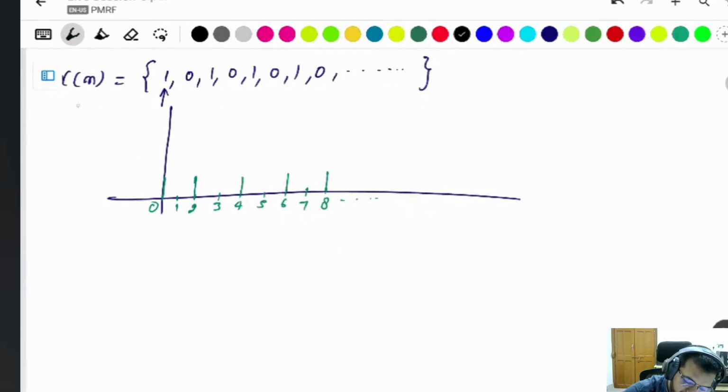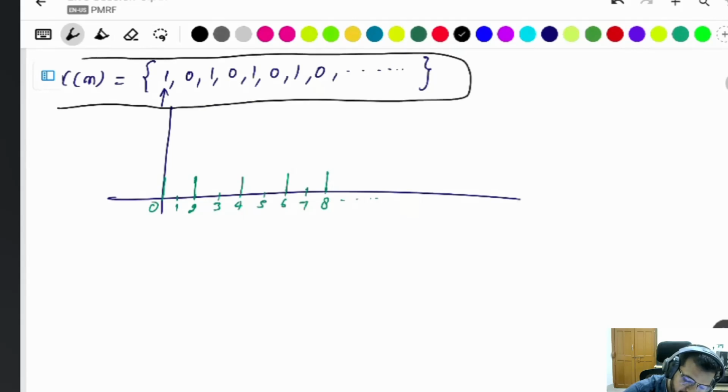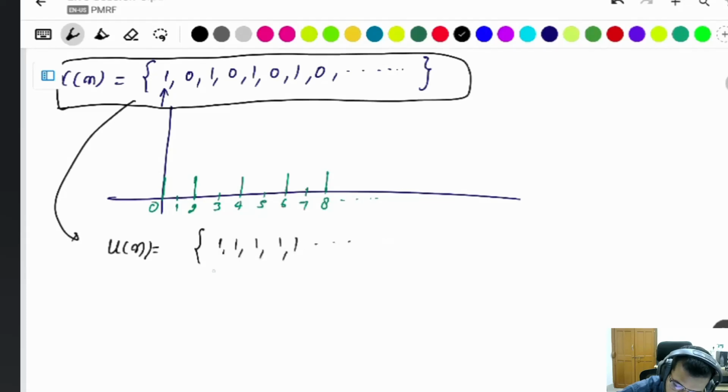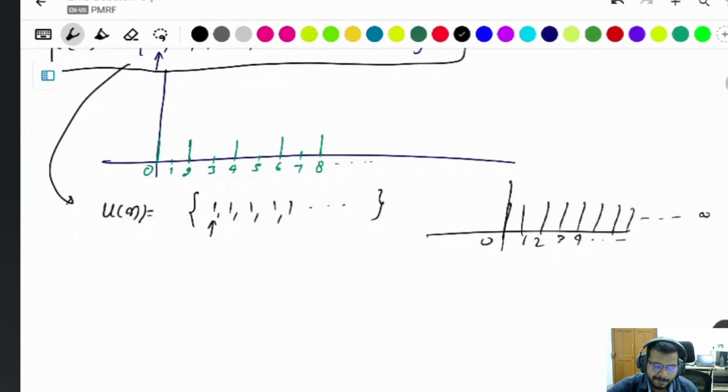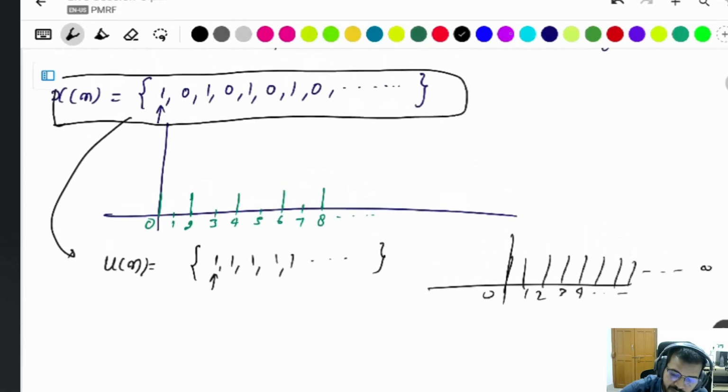First you have to find the expression of this signal. Suppose u[n]. What is u[n]? It is 1 1 1 1 up to infinity, with the arrow at the start, from 0 to 1, 2, 3, 4 like that. You have to put a 0 between them, so you have to expand this function.